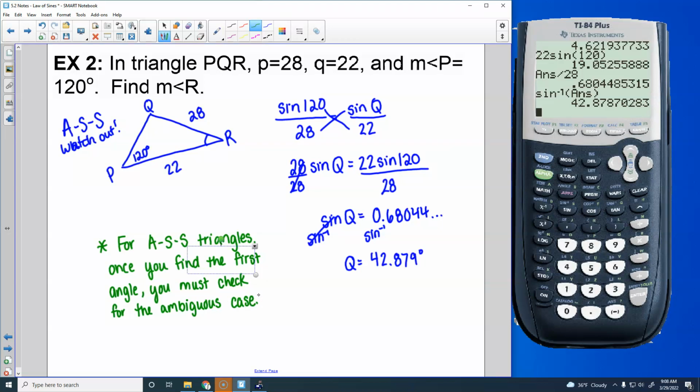And ambiguous, we know the meaning of ambiguous outside of math just means unclear. And it's unclear here because it could be more than one answer.